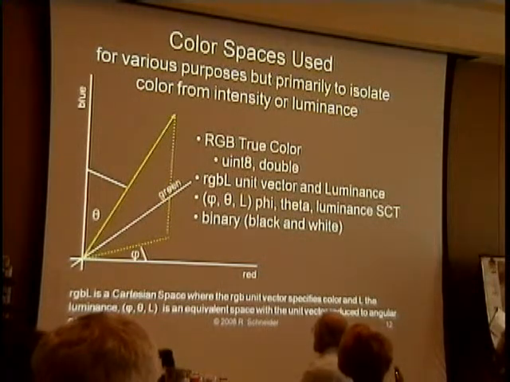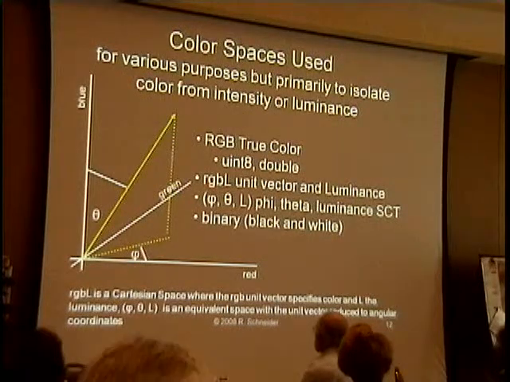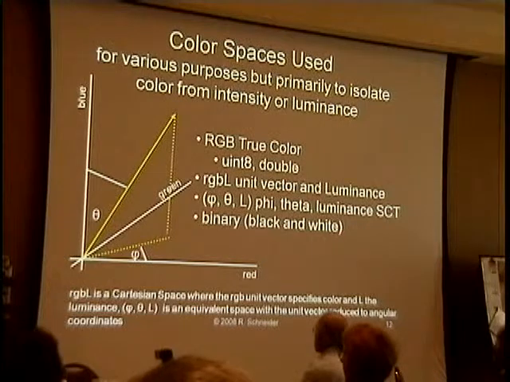These are the color spaces I use. This is the one the images tend to come in. It's called RGB True Color. Then what I do is I convert them to unit vectors and a luminance value. That allows me to isolate color and brightness or luminance. That gives me 4 dimensions though, and I don't really want 4 dimensions. I want 3 dimensions.